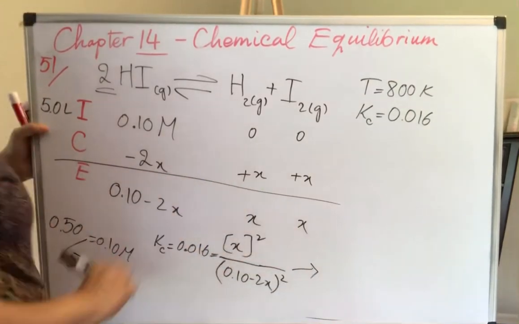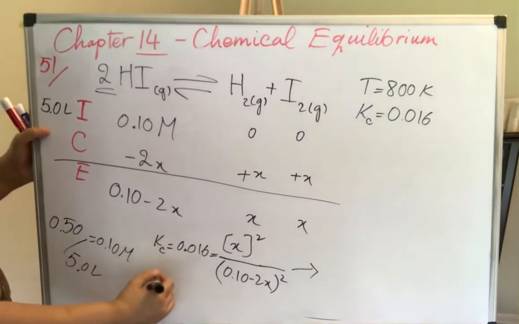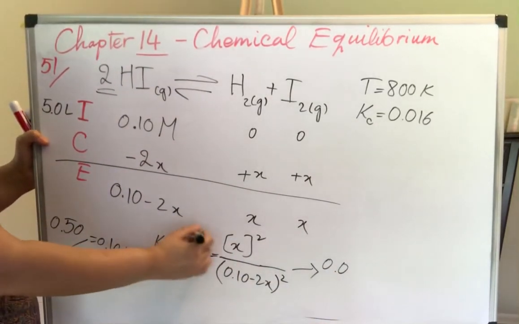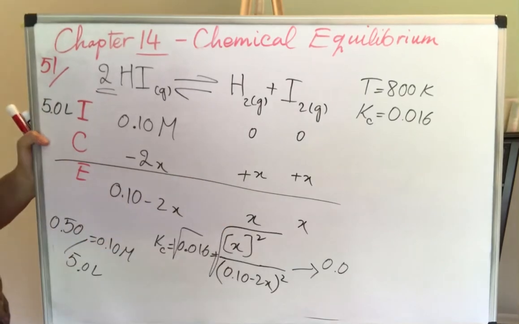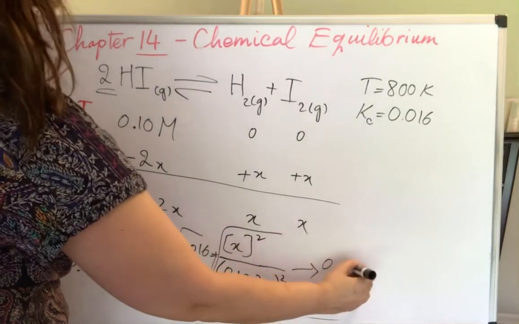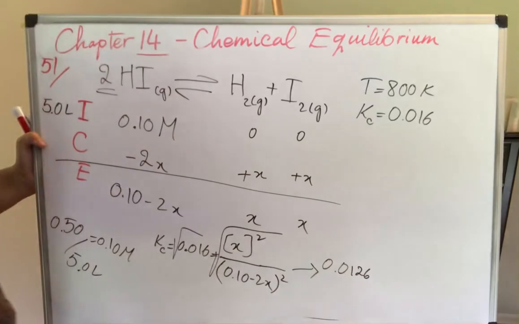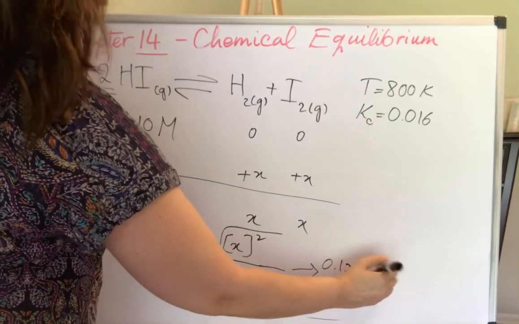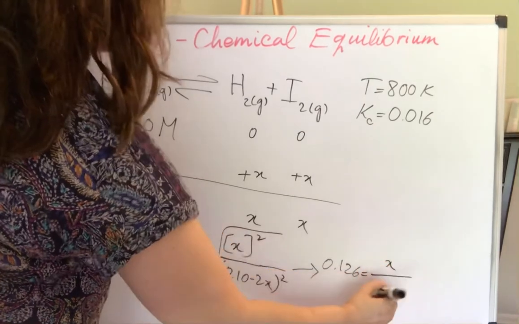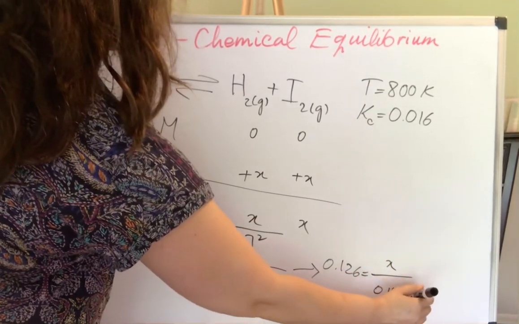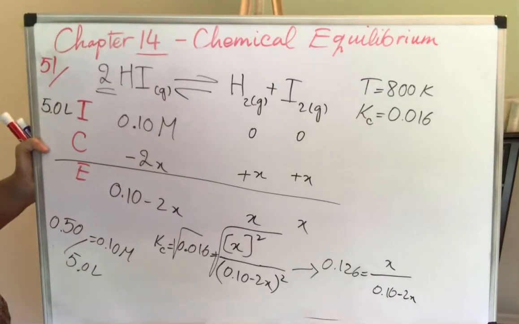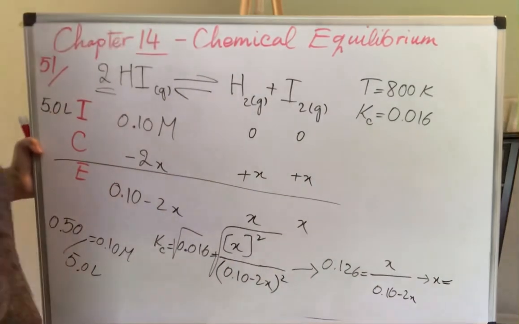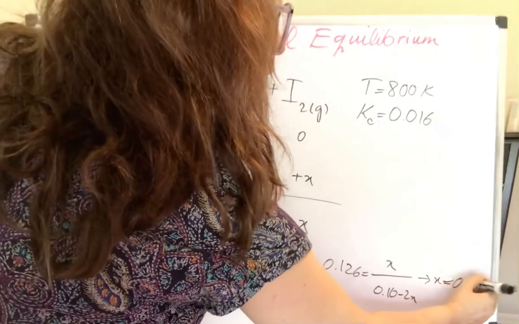Then you will end up having 0.126 equal to x divided by 0.10 minus 2x. And then if you do the cross multiplication and clean it off, x is going to be how much? 0.010 molar.